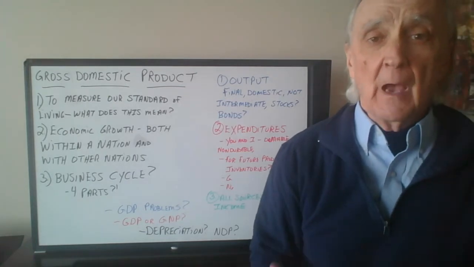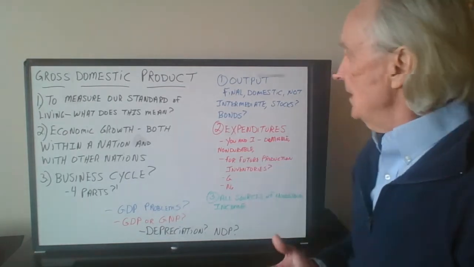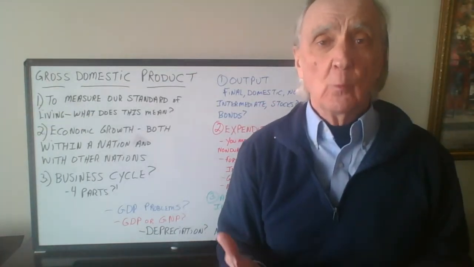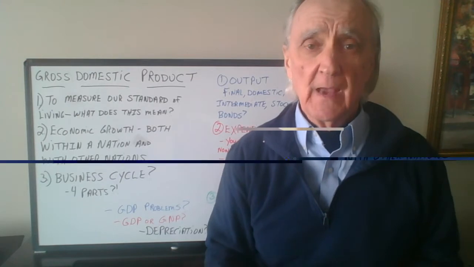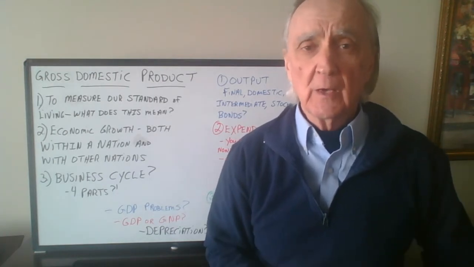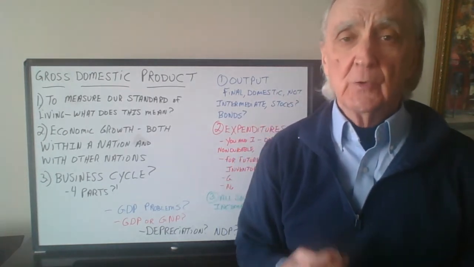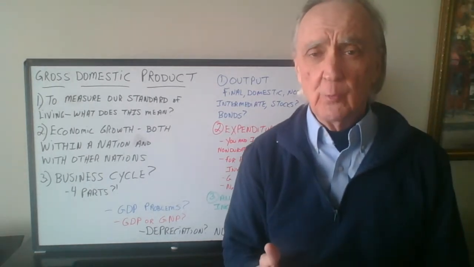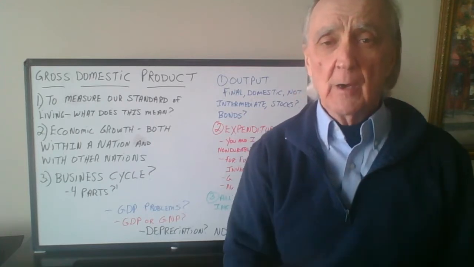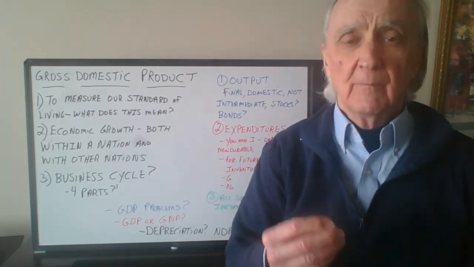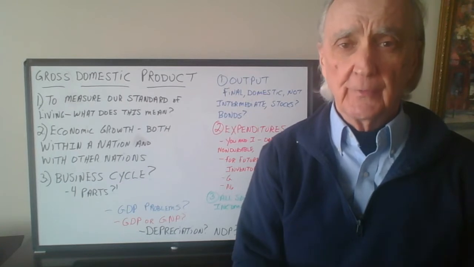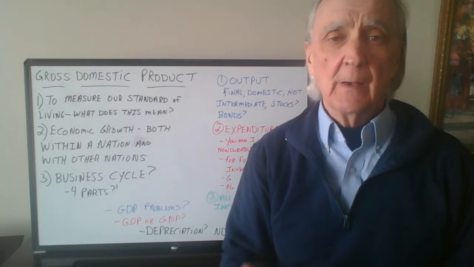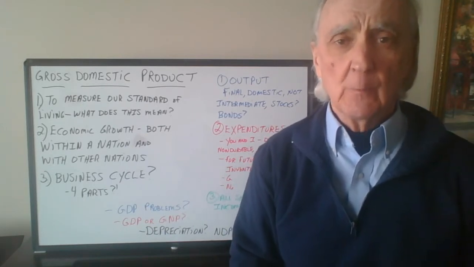All right? Now, we also talked about the 3 ways we measure and find out what gross domestic product actually is. The first one we talked about was output, total output. And every word of the output definition is important. It is the market value of all final goods and services produced domestically in an economy in a time frame, typically 1 year.